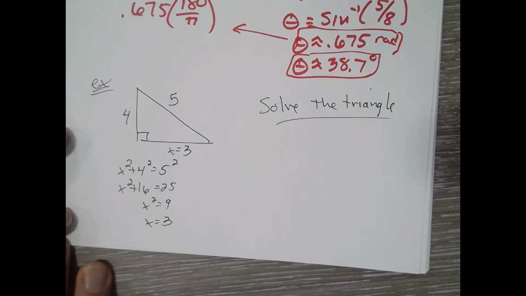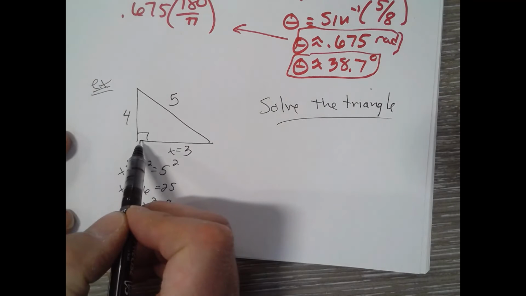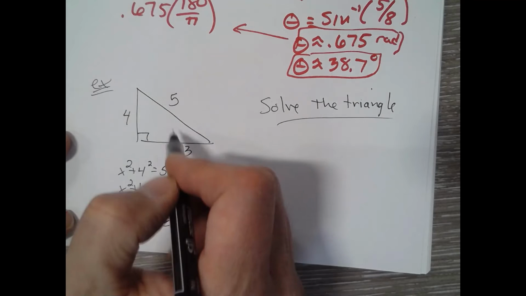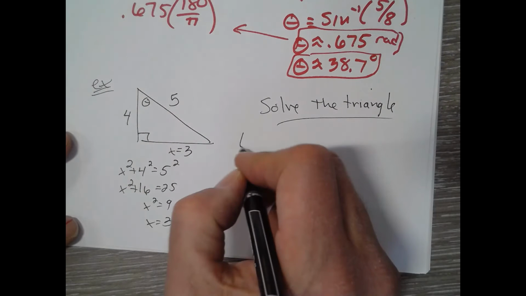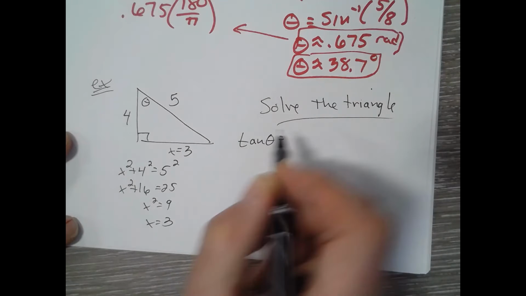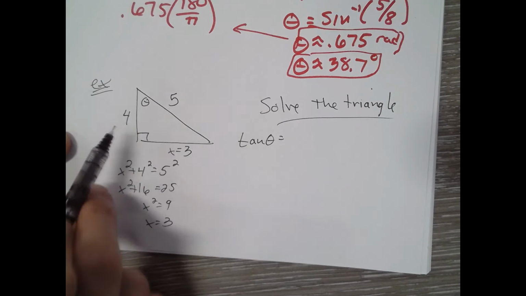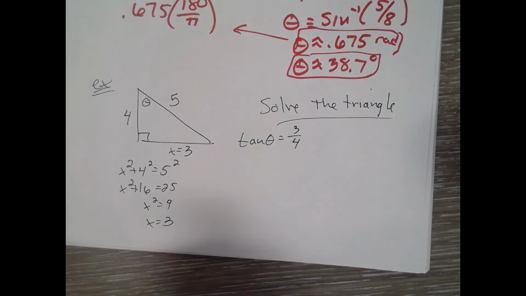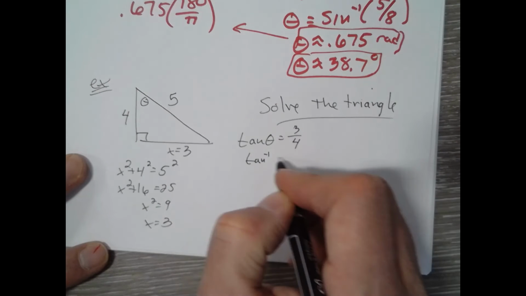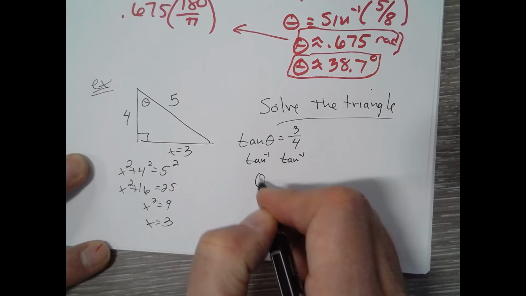Then we know that angle is 90. We could find either of these two angles. I might do tangent of theta equals opposite over adjacent, 3/4. So we could find the inverse tangent of 3/4.